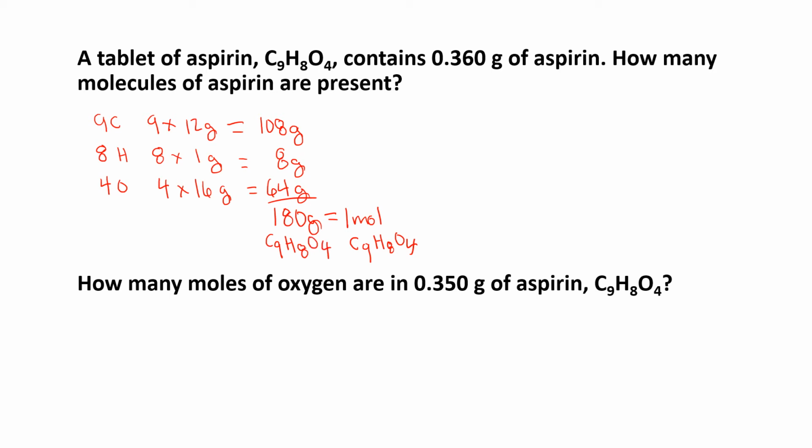Okay, so now remember, if I have 1 mole of a substance, then that's going to give me 6.022 times 10 to the 23rd, in this case, aspirin molecules, which is going to equal 180 grams or 1 mole of aspirin.